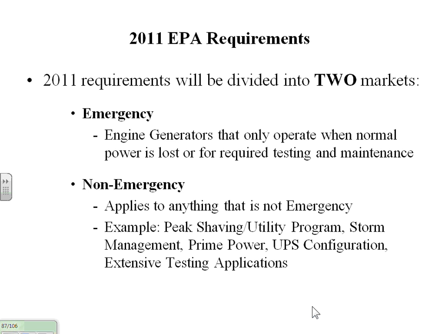Non-emergency being anything else. An example: peak shaving utility programs. There were programs out there that benefit customers. Electrical utilities like XL Energy said, hey, got a program for you. You're a big customer, got your factory out here. You've got a generator system already. How about we make a deal?